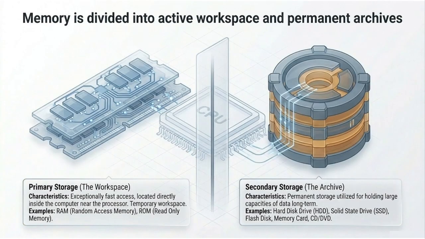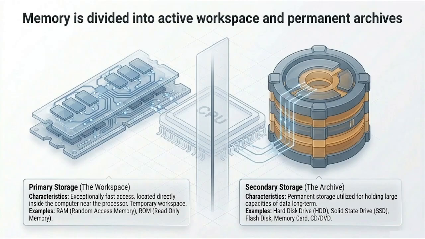Now let's look at computer memory. Computer memory is divided into two types, that is primary storage and also secondary storage. Primary storage is fast and temporary, and this can be your RAM or your ROM, and that is your random access memory and read-only memory.